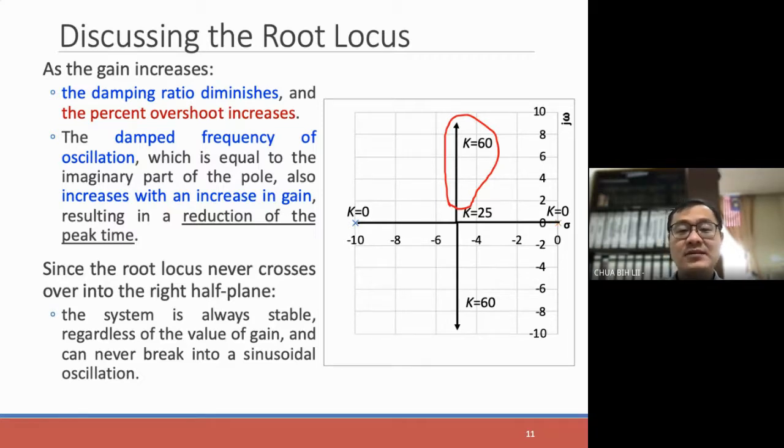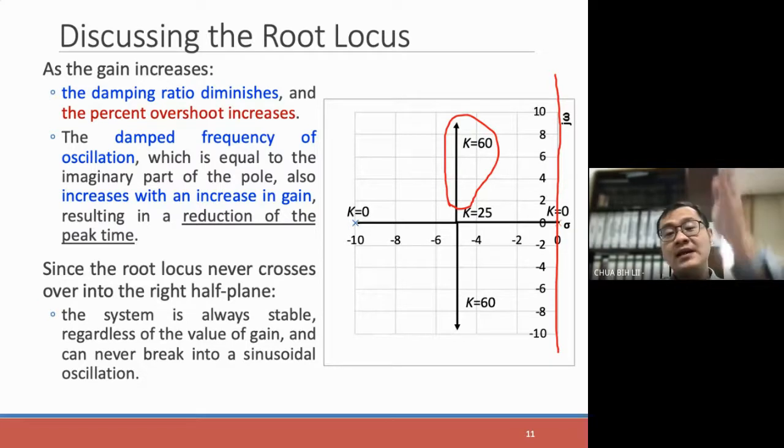And we say that when the poles or the roots are lying on the right hand side, since the value of 0 is over here, everything on the real axis is still in the negative side, you will notice that the roots will only go up and down. It will not move to the right hand plane anymore, right?